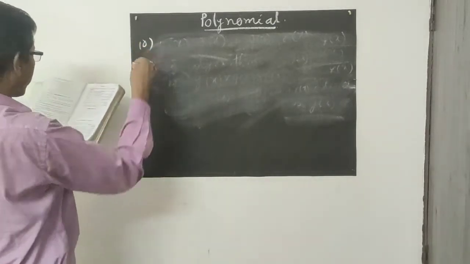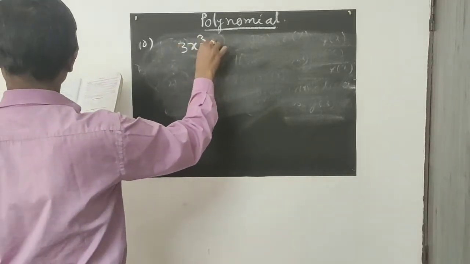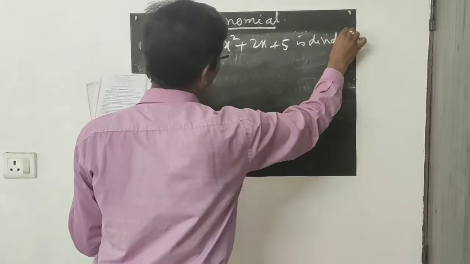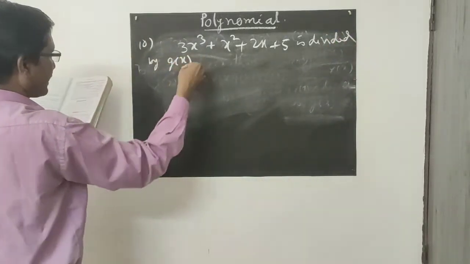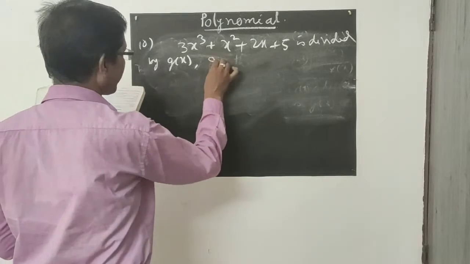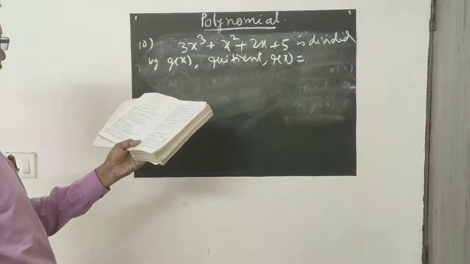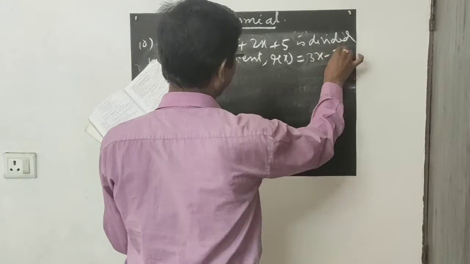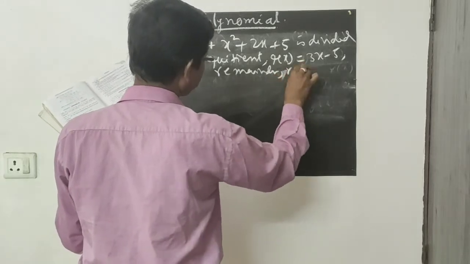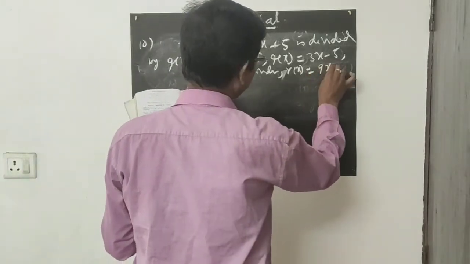Question 10 says: on dividing 3x cube plus x square plus 2x plus 5 by g(x), the quotient and remainder are given. The quotient, which I denote by q(x), is 3x minus 5, and the remainder, which we take as r(x), also a polynomial, is 9x plus 10 respectively.